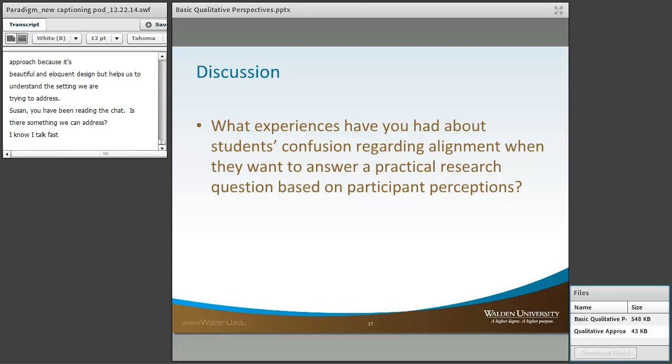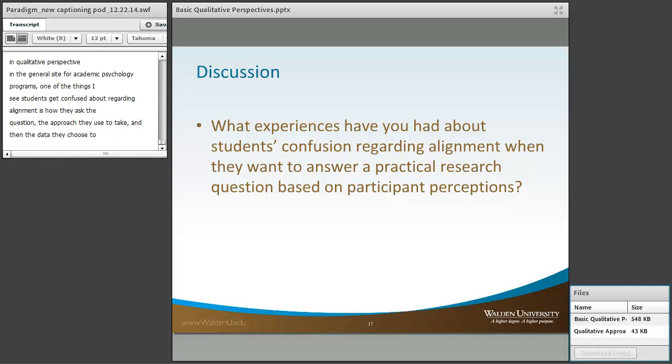Yeah. Well, I can say one of the things that I see, and I review qualitative prospectuses for the academic psychology programs, is that students get confused about alignment in how they ask the question, the approach they choose to take, and then the data that they choose to collect.